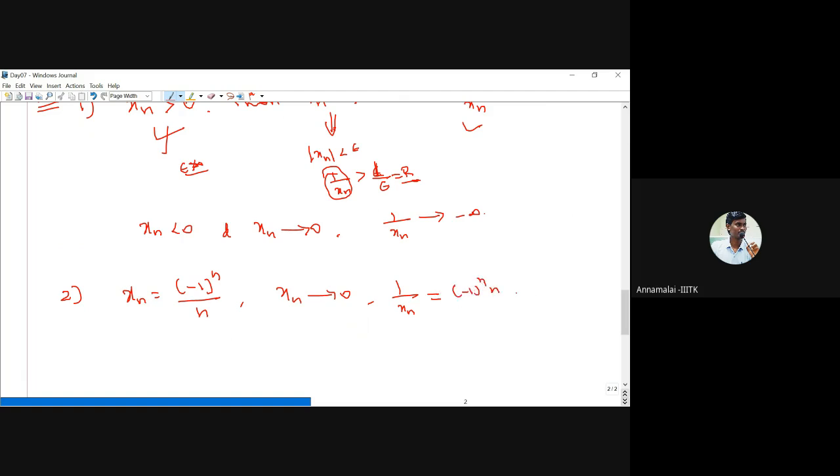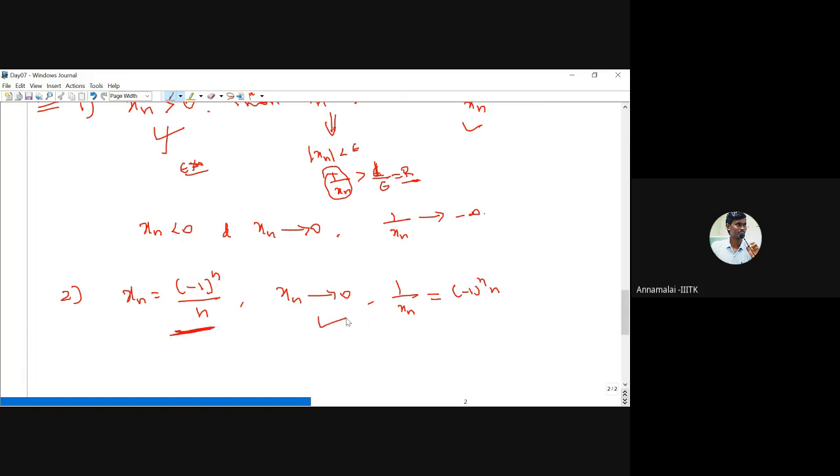So does this diverge or not? It neither diverges to plus infinity nor diverges to minus infinity, because it oscillates: minus 1, plus 2, minus 3, and so on. So we cannot say anything about the divergence of this sequence. Therefore, that each xn is positive is very important.